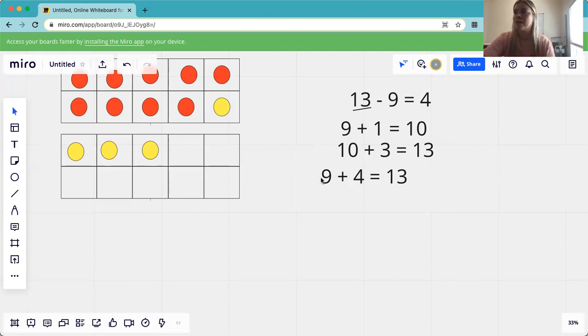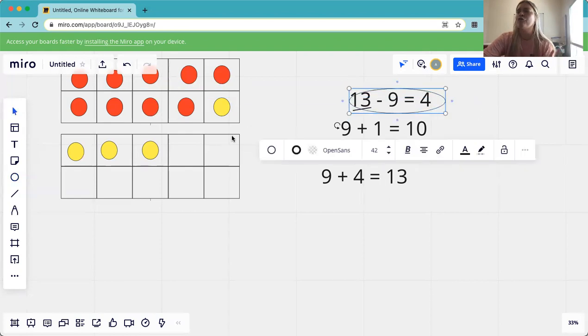So my 2 parts right here were 9 and 4. I knew there were 9 red and 4 yellow. So if I took 9 away from my 13, I'm only going to have 4 left. So your answer that you got, first grade, is going to be 13 minus 9 equals 4.